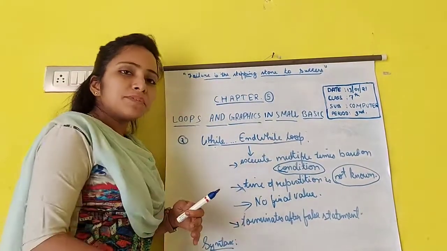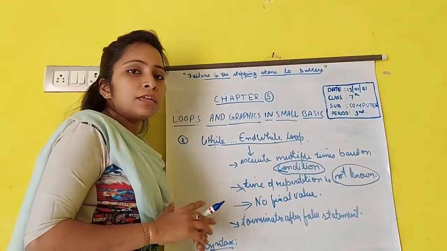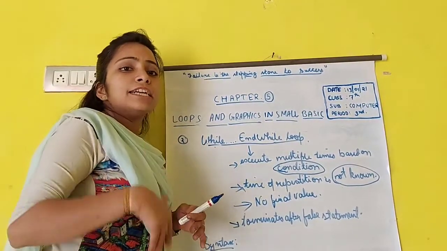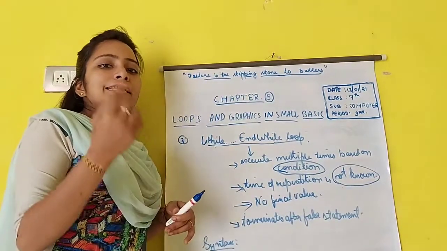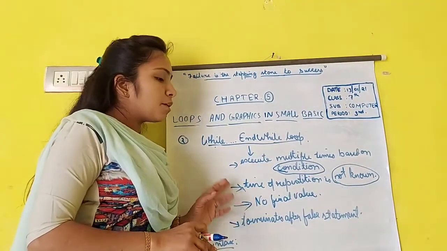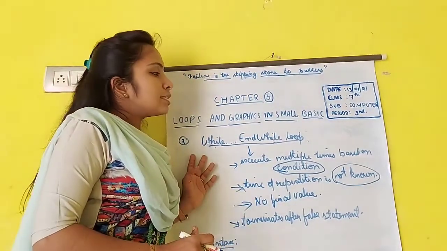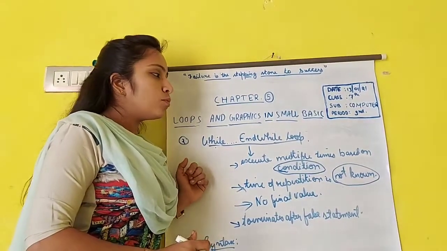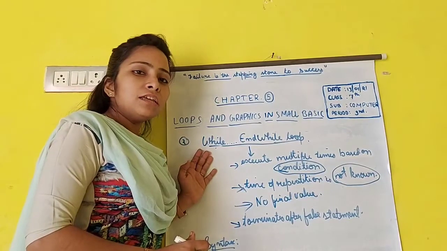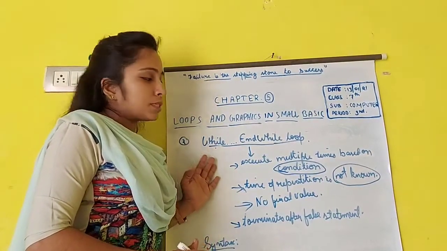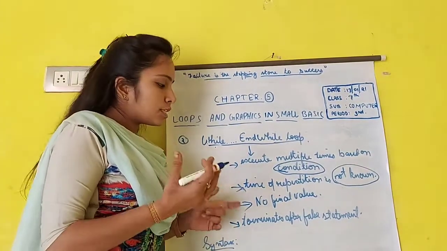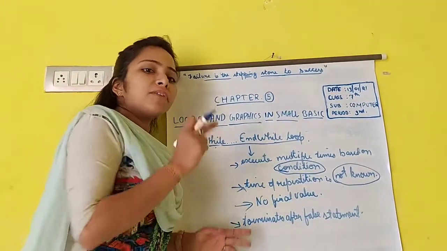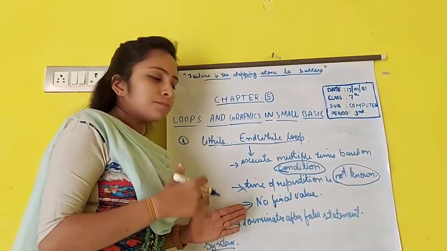Suppose 100 times we have repeated a particular statement, 99 times it was true, the 100th time it became false. As soon as the statement becomes false, this loop will terminate. This loop will work only till the true statement comes. As soon as the false statement comes, it will terminate itself. And that is the only final value for it. Clear?